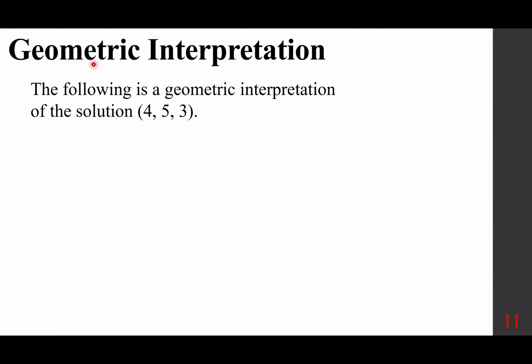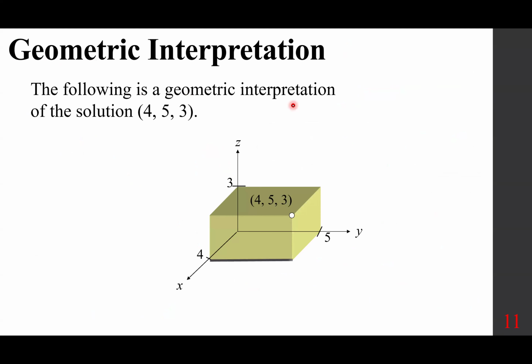Geometric interpretation. The following is a geometric interpretation of the solution 4, 5, 3. So you have the x-axis, the y-axis, the z-axis. It goes 4 units to the positive side of x, 5 units along the positive side of y.